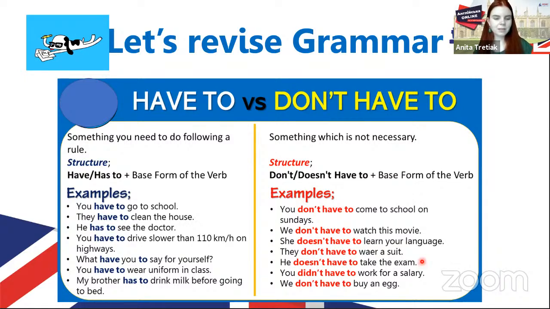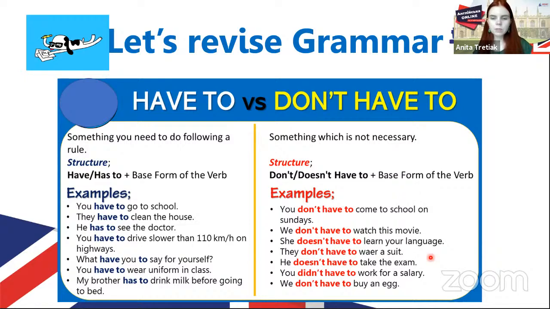The same thing here. Yeah, he doesn't have to take the exam because maybe it's not necessary for him and he can live without this exam. You didn't have to work for a salary. Here we have this in the past simple form. You can use it like this.